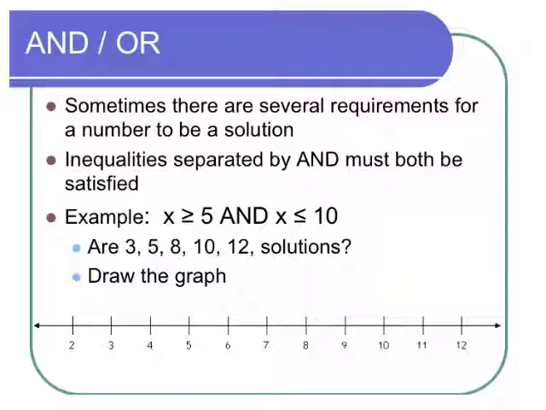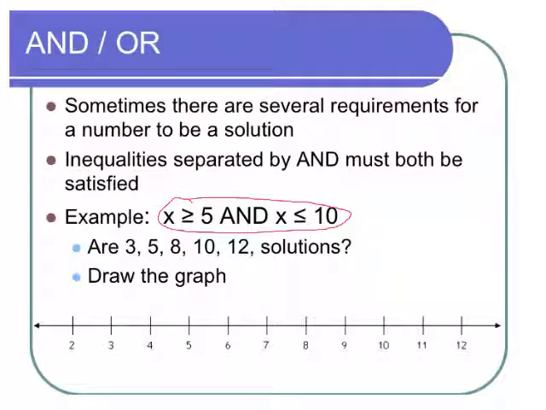So, as an example, we've got two different statements. x is greater than or equal to 5, and x is less than 10. And you might think that those are two separate little things, but that is one inequality. And this whole statement has to be true in order for numbers to be solutions. So, here's a couple of numbers to test.